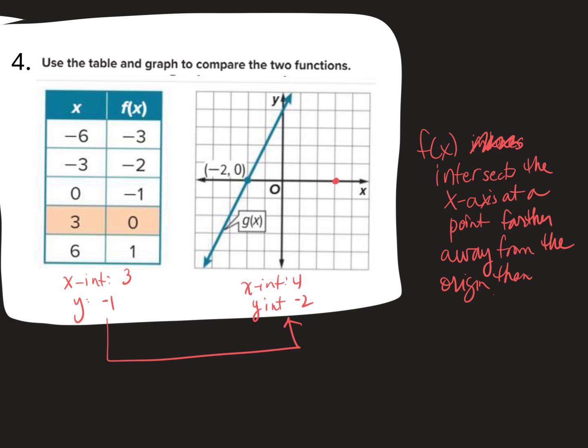And please keep in mind, there are many correct answers here when you're asked to compare. Just make sure they make mathematical sense.